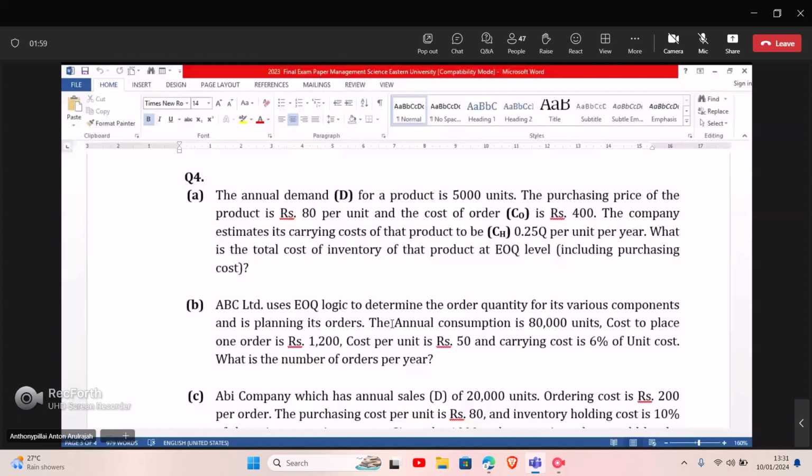What is the total inventory cost at the optimal level? Can you do it within the 5 minutes time, which we have already studied?